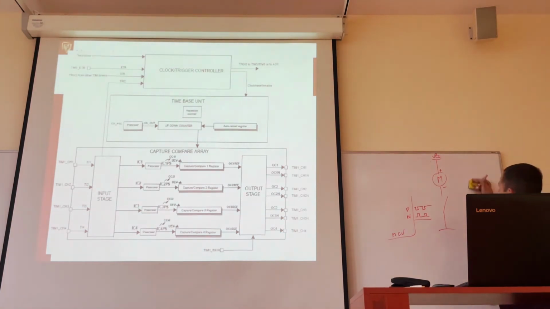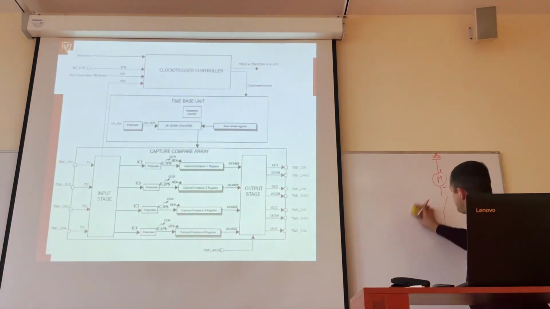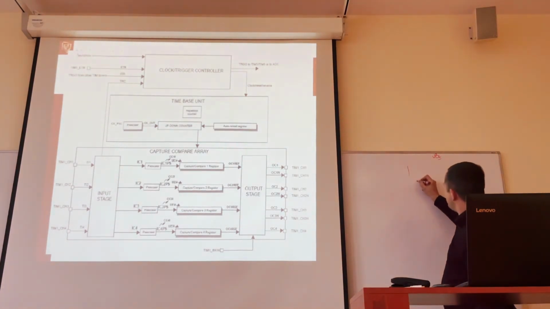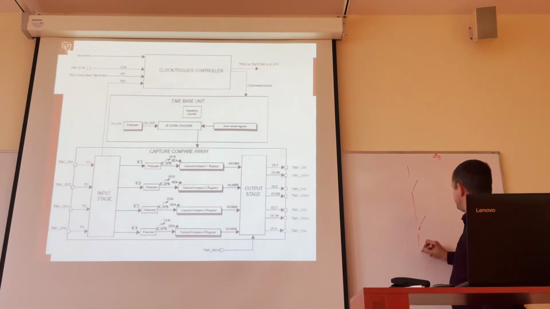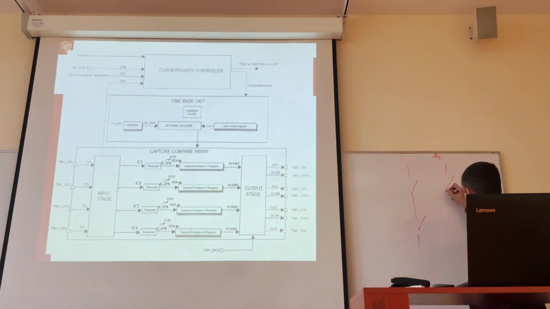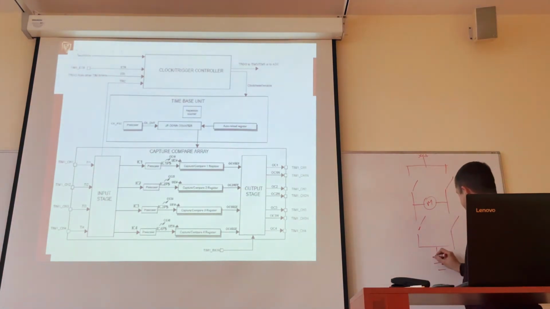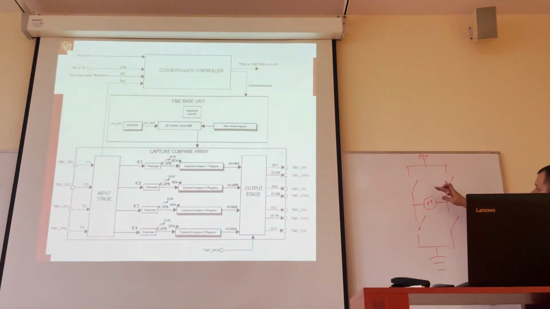This is a configuration with one switch, just to make it rotate in the same direction. But if we want to make it rotate in different directions, we use a so-called bridge. So we use a configuration like this, where we have VCC here and ground, and the transistors are driven by a negated, complemented signal.